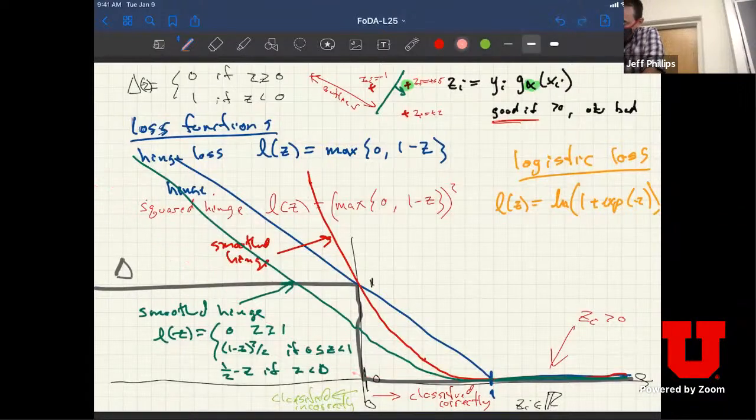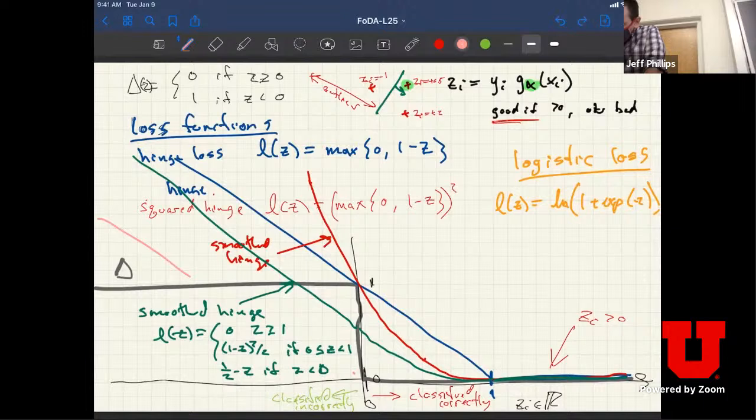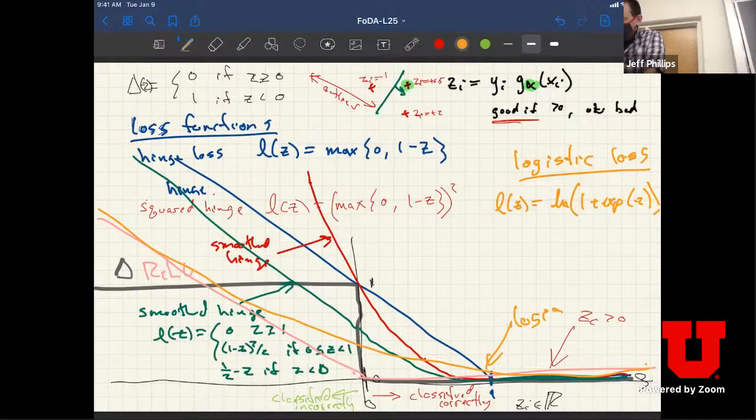The ReLU is kind of the hinge that's been shifted to have the hinge point at 0. This is called the ReLU, which comes up as an activation function in deep learning. And then the logistic loss kind of approximates the ReLU. So this is the logistic loss.